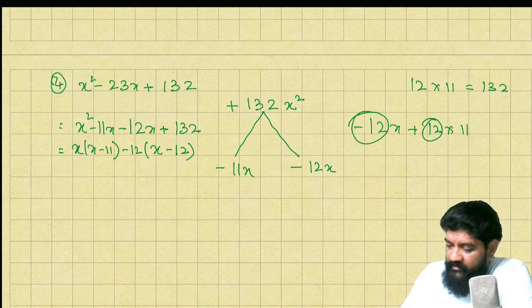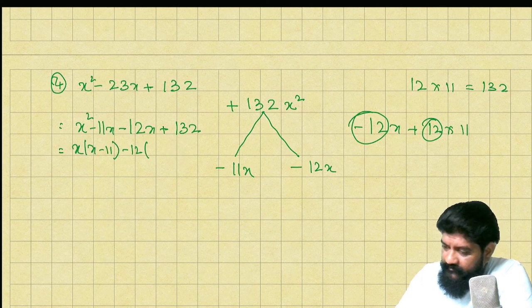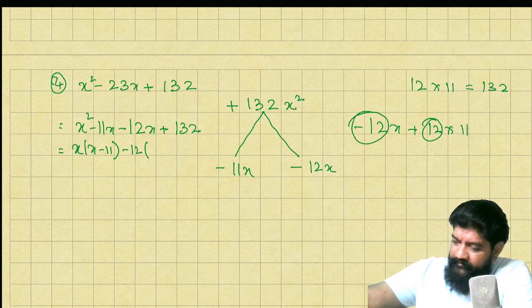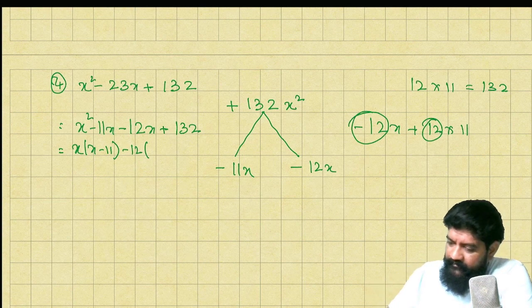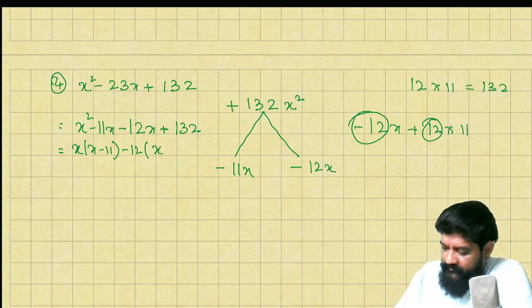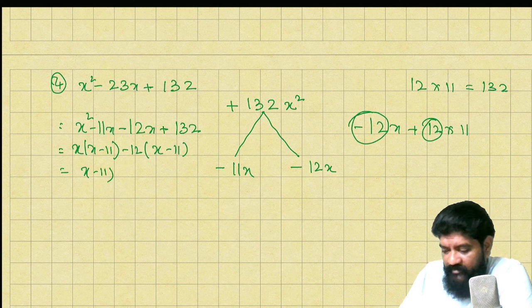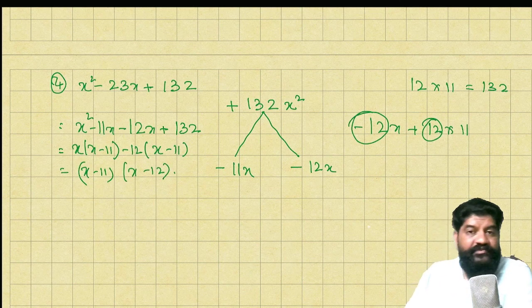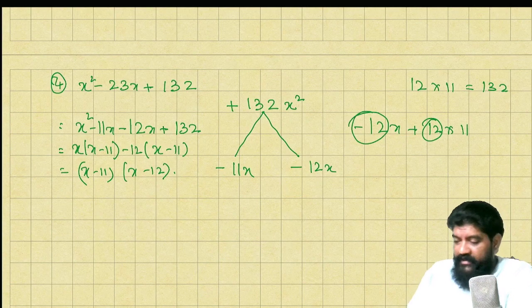Now, x minus 11, not 12. Now take x minus 11 common out, and you will remain with x minus 12, and the factorization is complete.